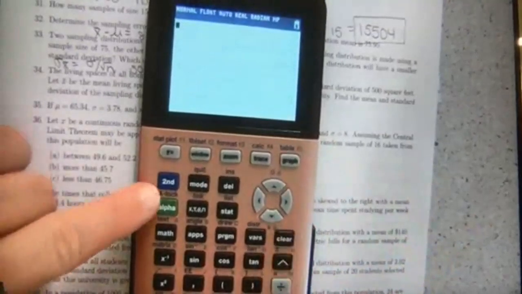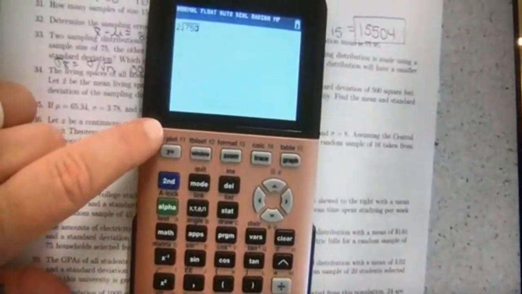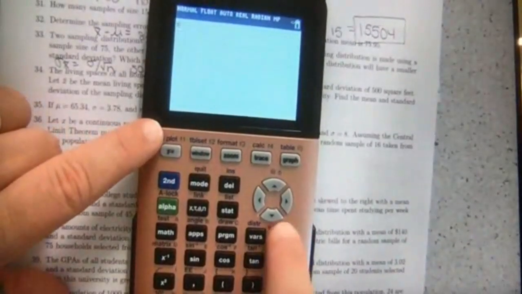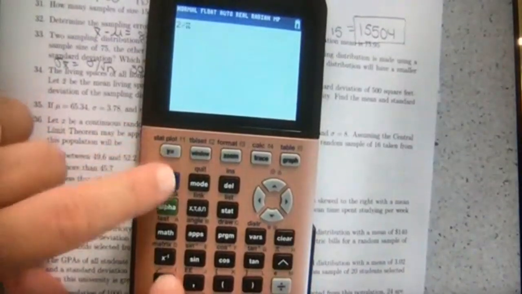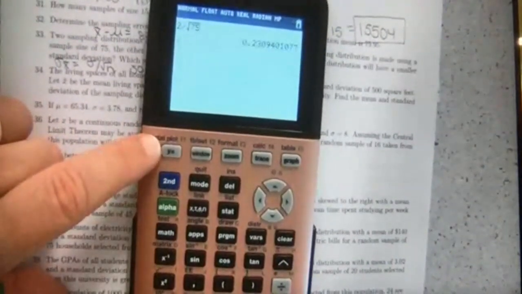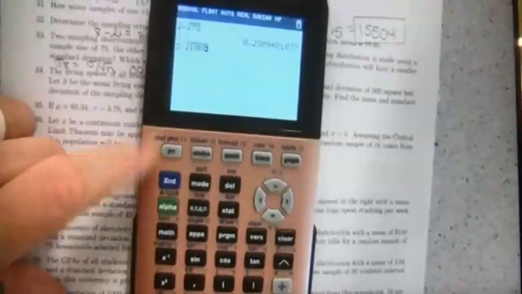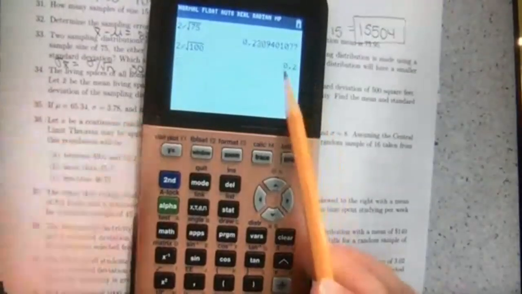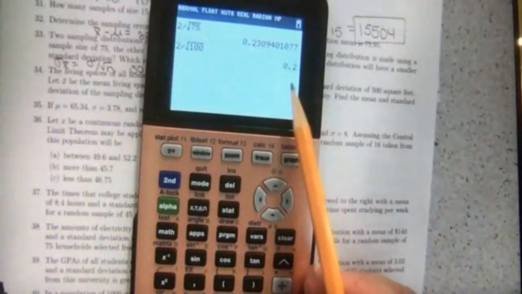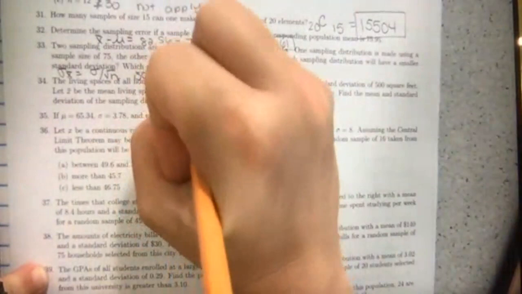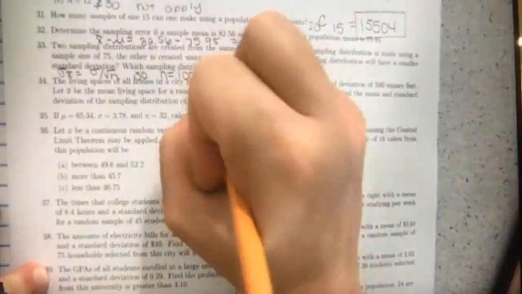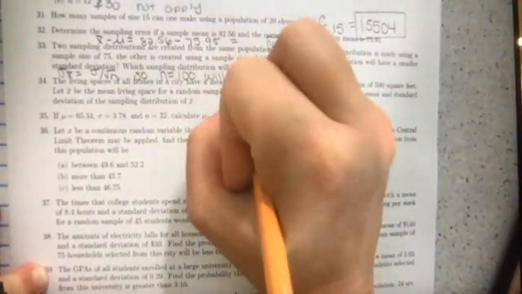I didn't do the square root, but you still get the point. Dividing by a bigger number makes my decimal smaller. So n equaling 100 will have a smaller standard deviation.